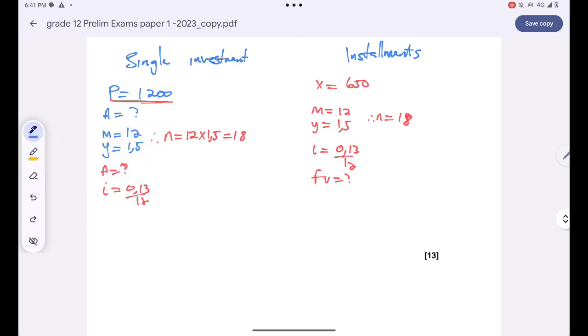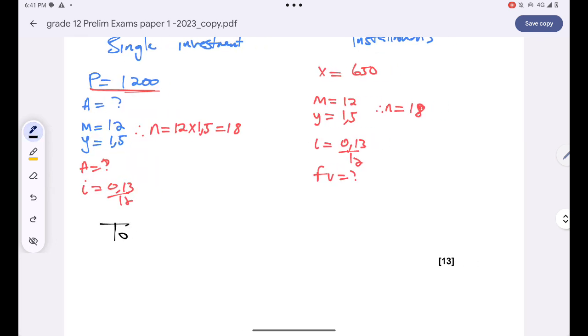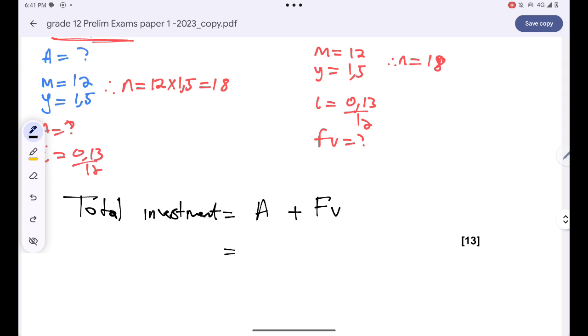So the total amount that should appear at the end of 18 months, the total investment, will be the future value of the single investment plus the future value of the installments. This is equal to P times (1 plus i) to the n, plus x times (1 plus i) to the power n minus 1, all over i.